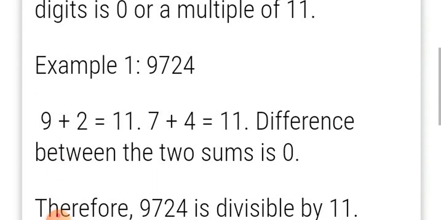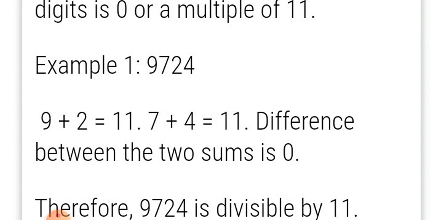Look at this question, that is 9724. Here you have to add the alternate numbers. Alternate number means if you are taking the first number, then you cannot take the next one, you take another number. That means if you are taking the thousands place number, then we will skip the hundreds place number, then we will take the tens place number.